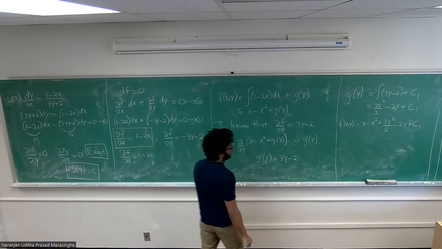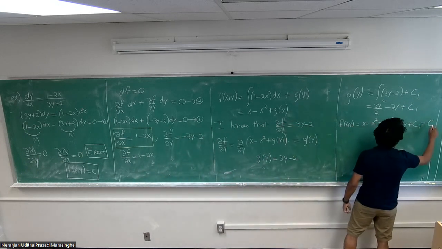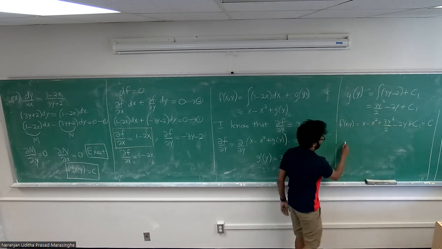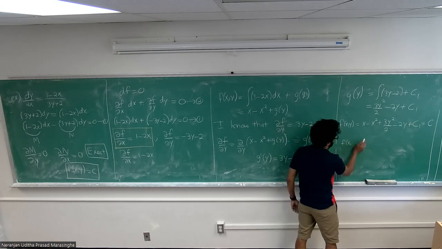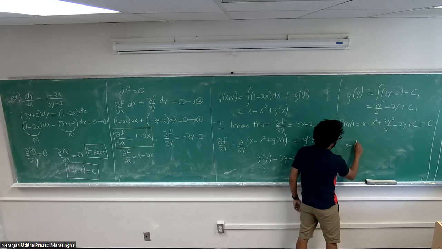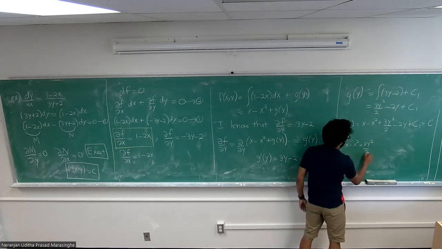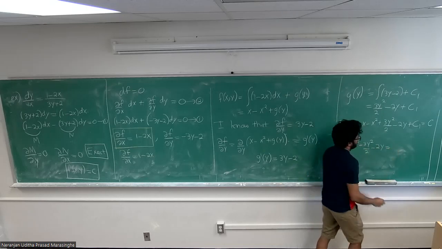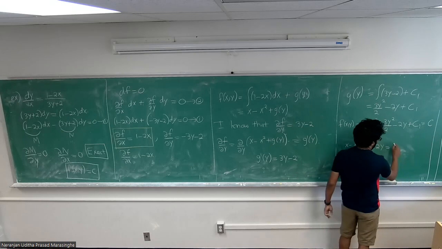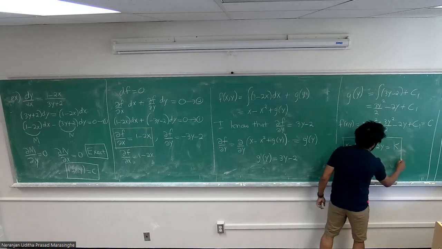I know that f is a constant, so this is going to be equal to another constant. So at the end I would get x minus x square plus 3y square divided by 2 minus 2y is equal to c minus c1, that I call k. So this is going to be the solution.